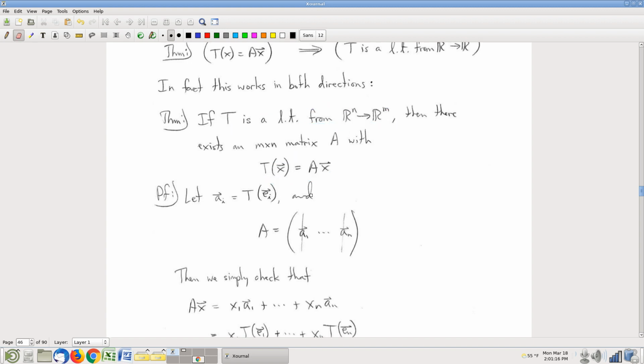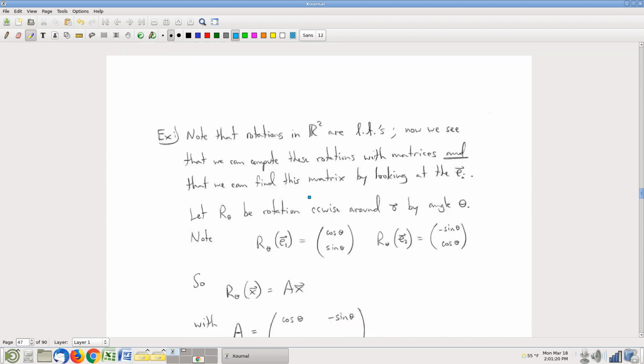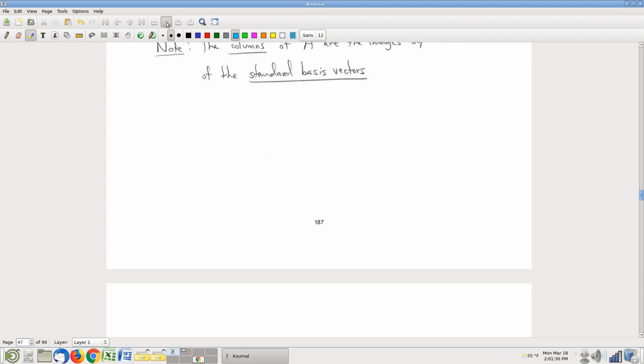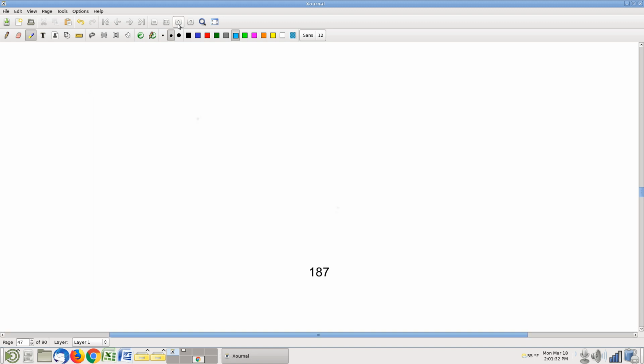Okay, all right, let me show you an example of how to use this. I'm going to start off by observing that rotations in R2 around the origin are linear transformations. Before we get into the calculations of this example, I want to give you a plausibility argument on that. So let's talk about rotations. Here's R2.